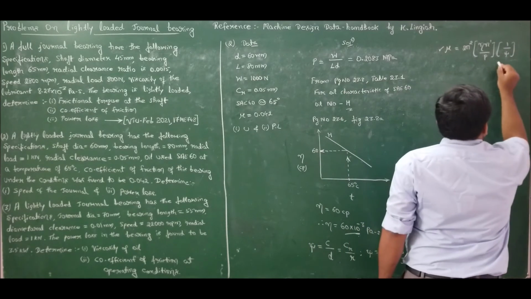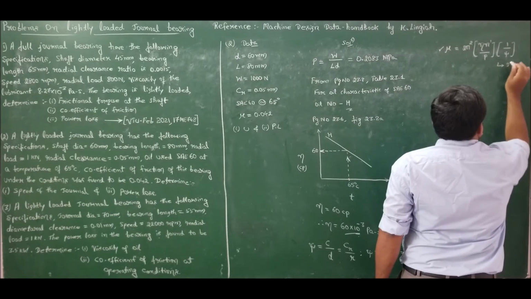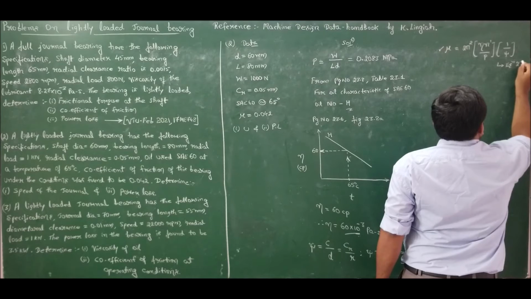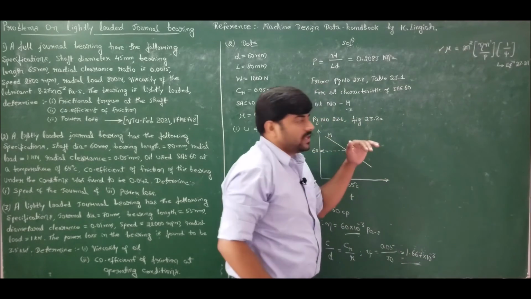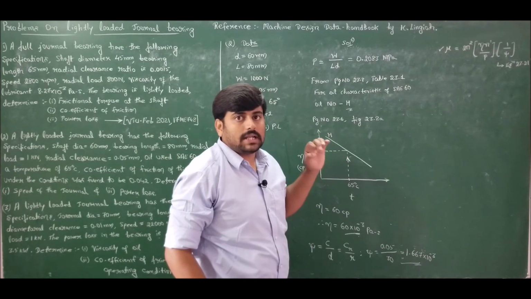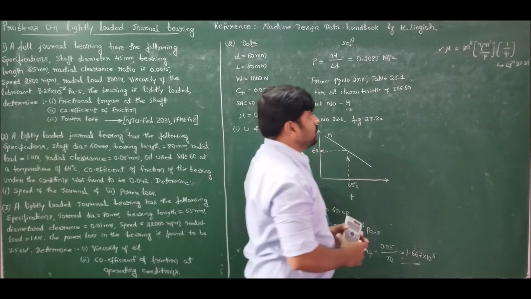This is equation number 23.21. This Petrov's equation to calculate coefficient of friction holds good only for lightly loaded bearings.